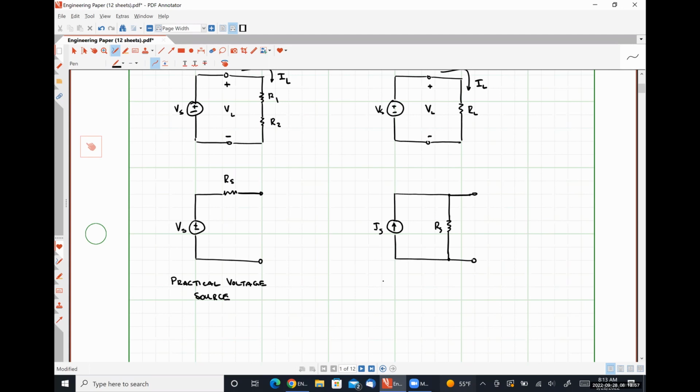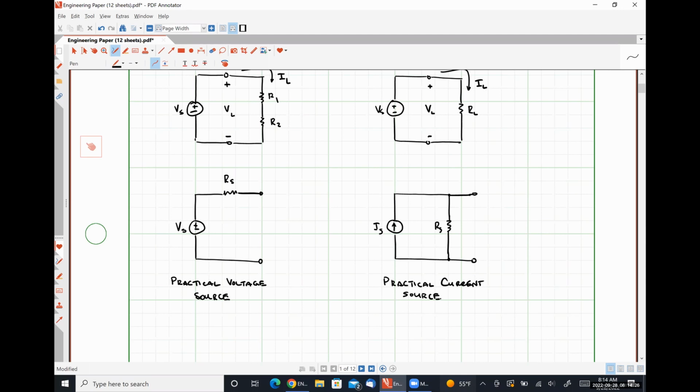And on the right-hand side, we have a practical current source, where the resistor is restricting the amount of voltage that might appear across the terminals of our current source. So I am postulating that these two things are electrically equivalent under specific conditions.